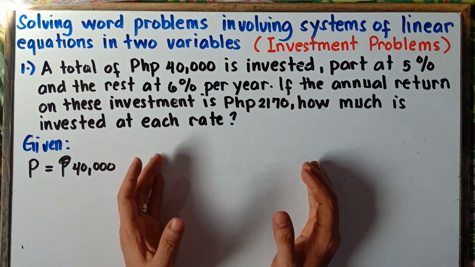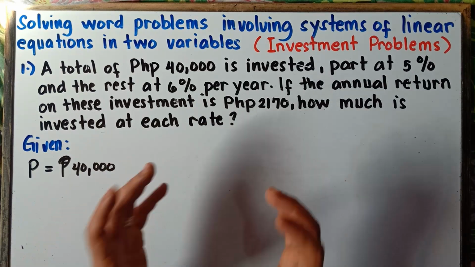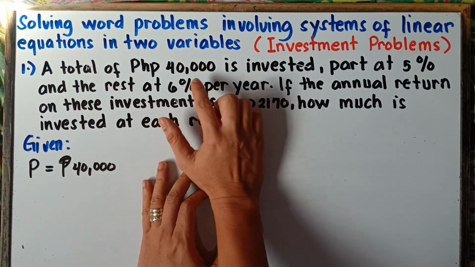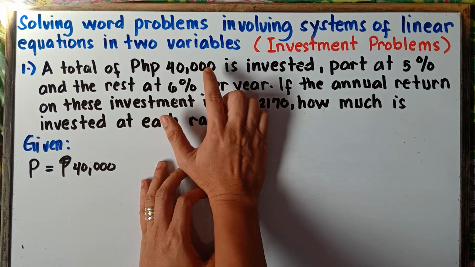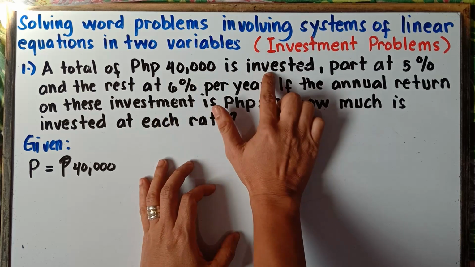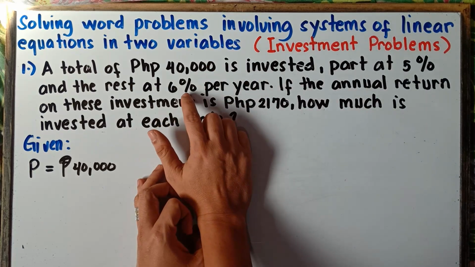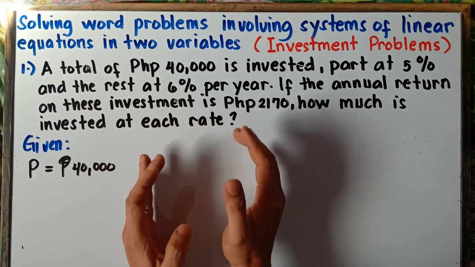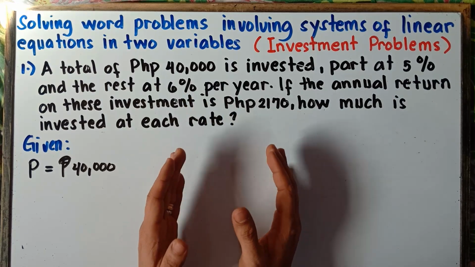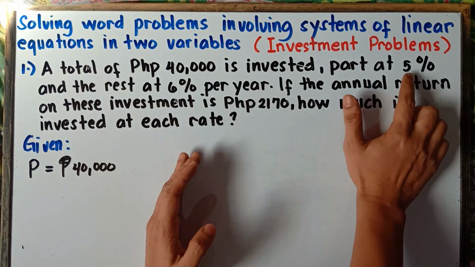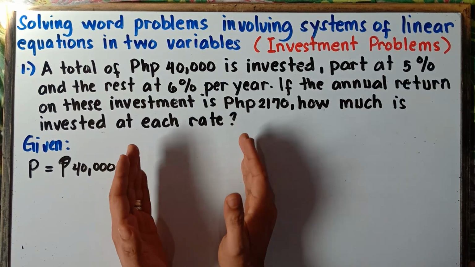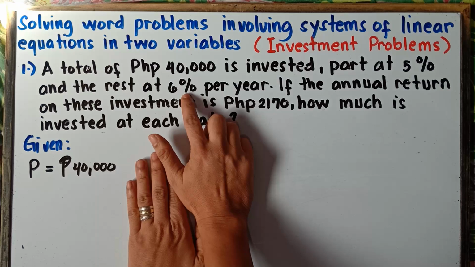But we know that the base amount, or the principal, the starting amount, that would be 40,000. Part of this 40,000 is invested at 5% and part of it is invested at 6%, but we don't know the exact amounts.